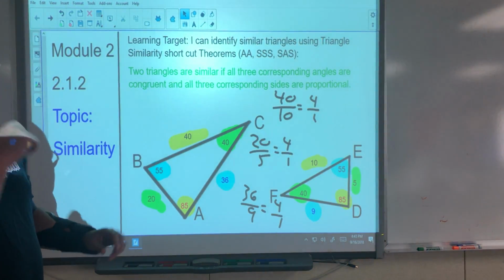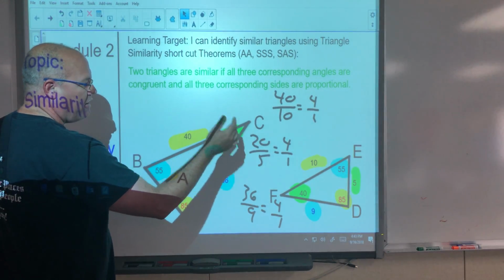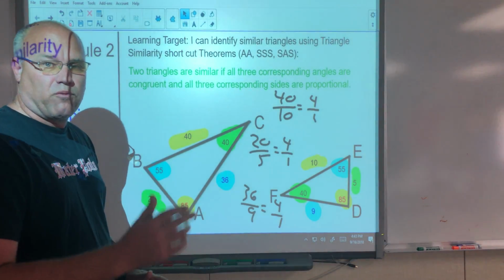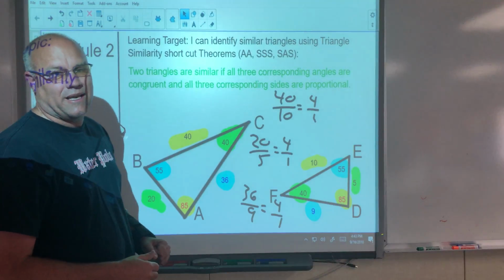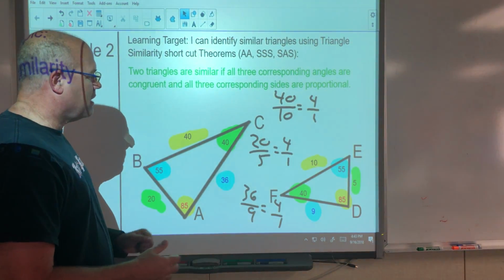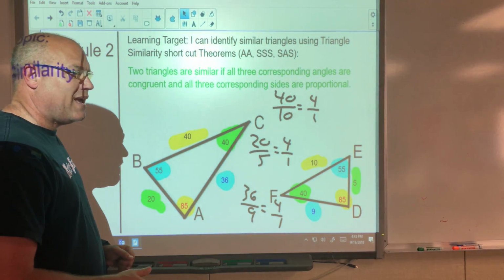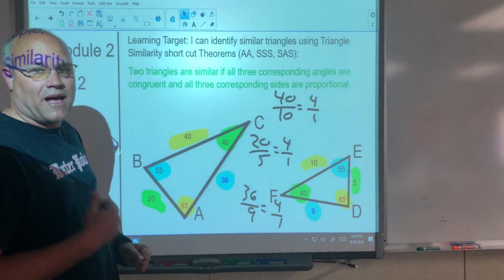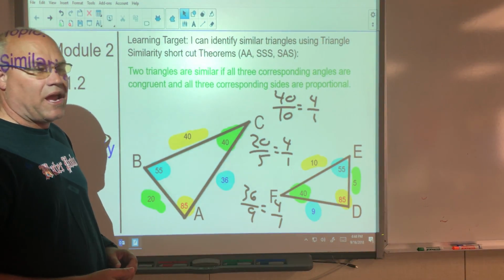Now, there's no rule that says you have to put large over small. We could have gone small over large. In that case, we would have gotten 1/4, 1/4, 1/4 each time. Now, we have pretty easy ratios here, but sometimes you might get some ugly fractions. Maybe you get 3/17, and then another one that's a different value that is not 17ths. How do you know if they're the same?